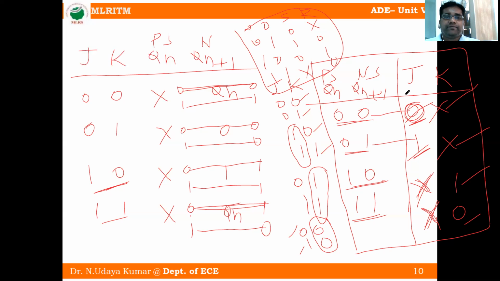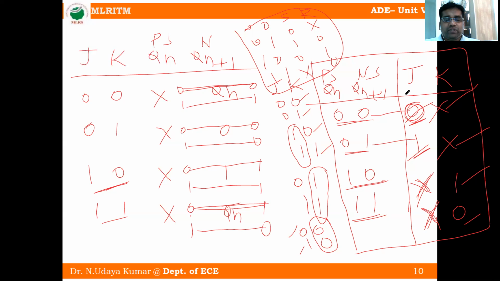For 0 1, we got next state 0, the reset state. For 1 0, we got next state 1, the set state. And for 1 1, we got the toggle state, that is Qn bar. So that is the truth table.